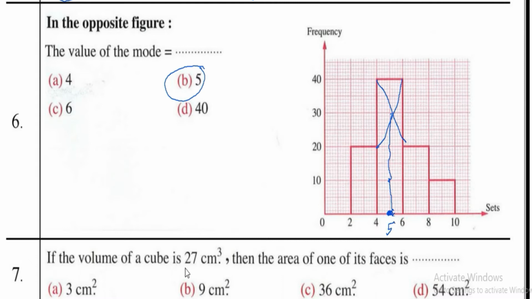The volume of the cube is 27 cubic centimeter. الفوليوم of the cube L power 3 equals 27.